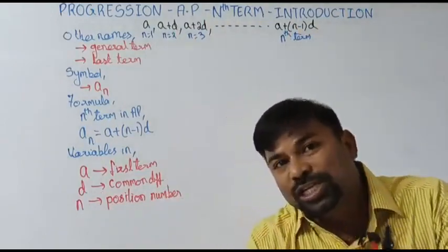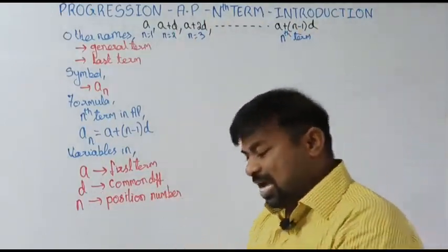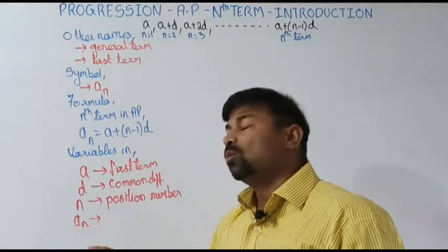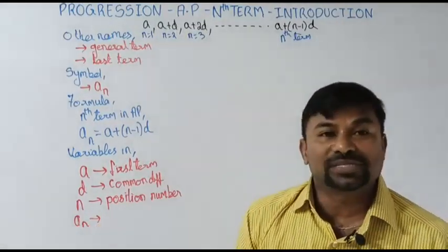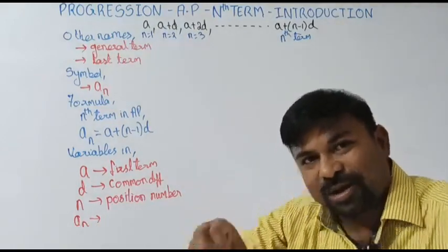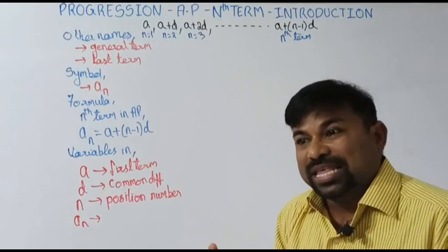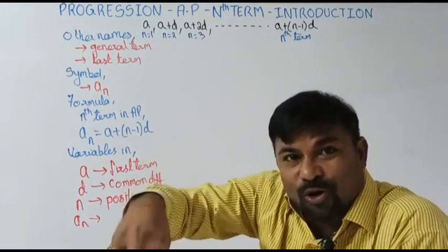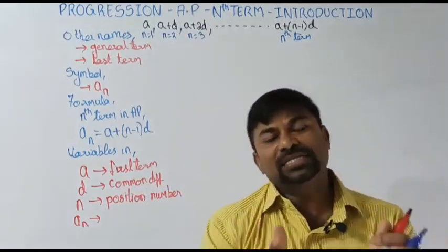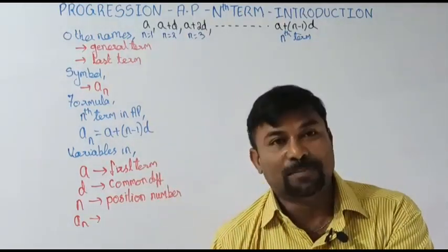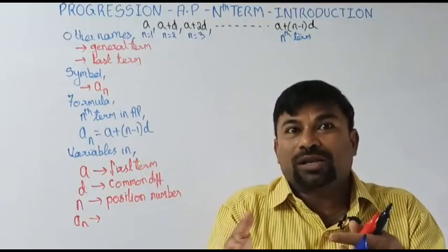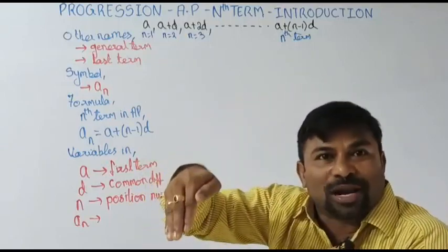N means position number, right? Now the last of these variables is an. What's the meaning of an? That is what I am saying. An is nothing but the person sitting in that roll number, or the number placed in that roll number. You are supposed to understand this. N means the roll number or the position number. An means the person or the number placed in that roll number.